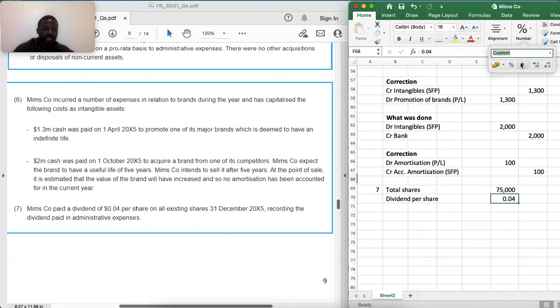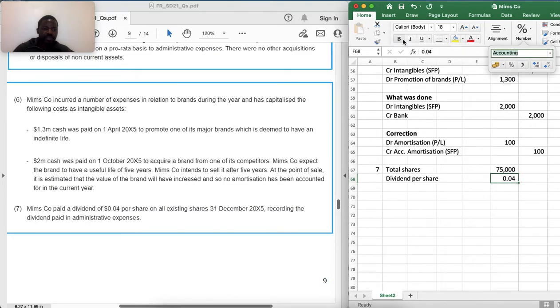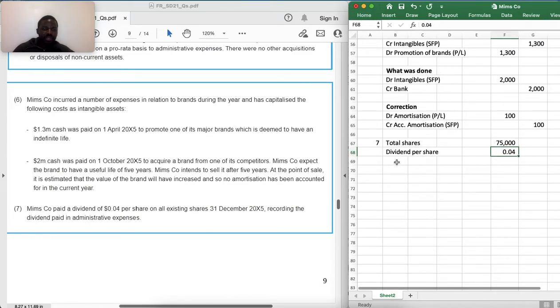Let me fix that. Then the total dividend paid is now 75 multiplied by 4. We get 3,000. This was paid. Then what did the accountant do?